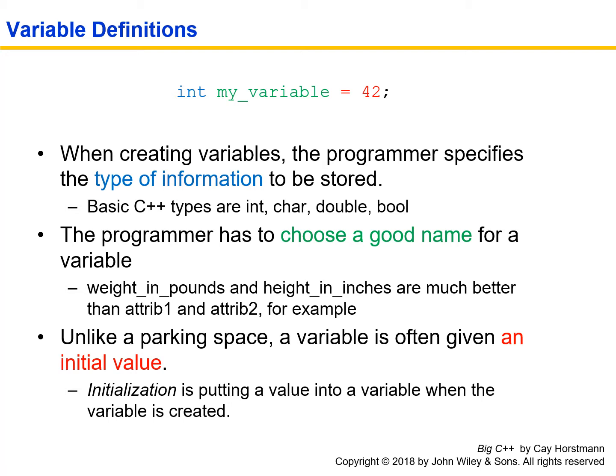It will be uninitialized. So my variable might hold 2,245, and you wouldn't know that. On the other hand, if you type equals 42 at the end of your variable declaration, you know for sure that 42 is the initial value of my variable.